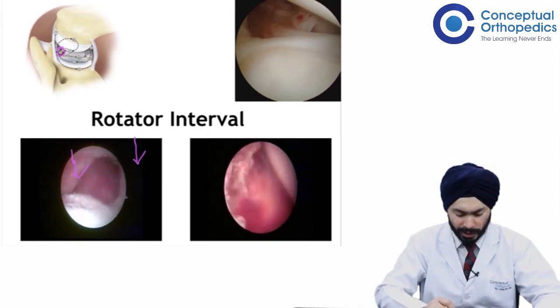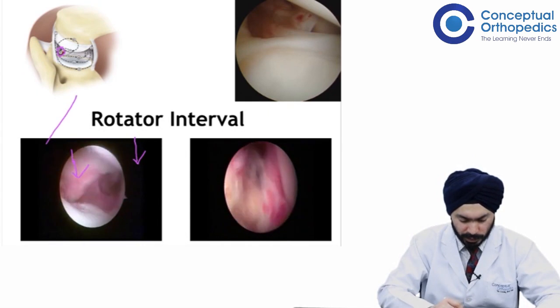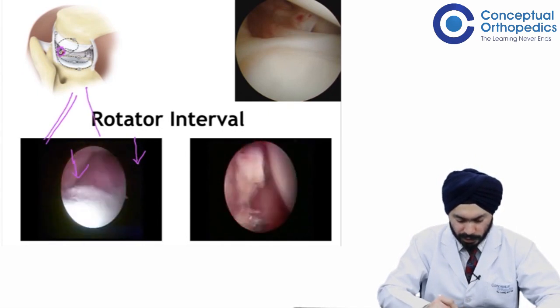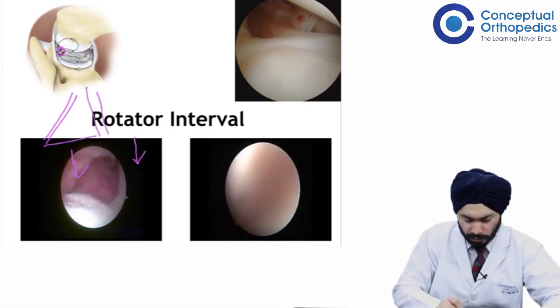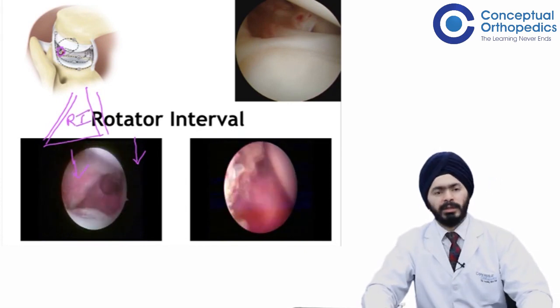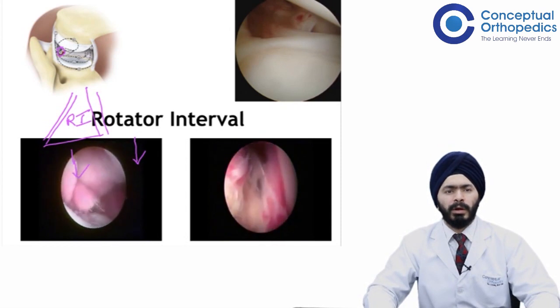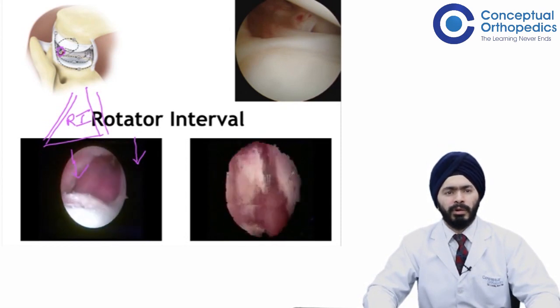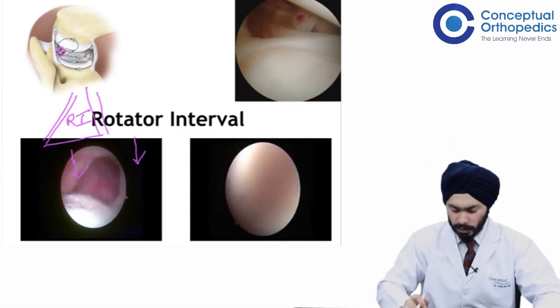This triangle which you can see between the biceps and your subscapularis with your glenoid down, this is your rotator interval area. This is the area where you make your antero-superior and antero-inferior portals.